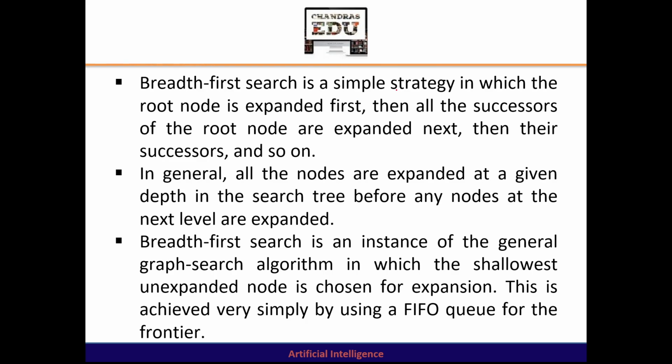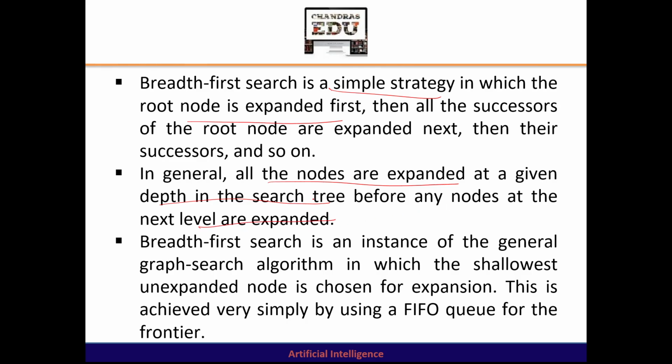Next, this strategy is a simple strategy. As we discussed, it will expand the root node first, then its successors, and then it will continue expanding the successors of each level. All the nodes at a given depth in the search tree are expanded before any nodes at the next level are expanded.